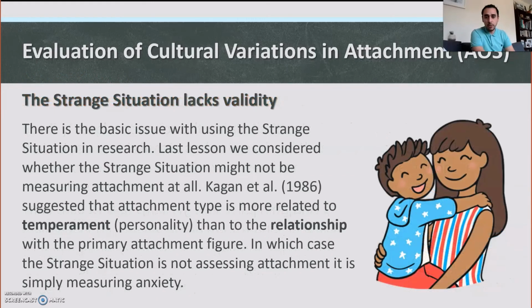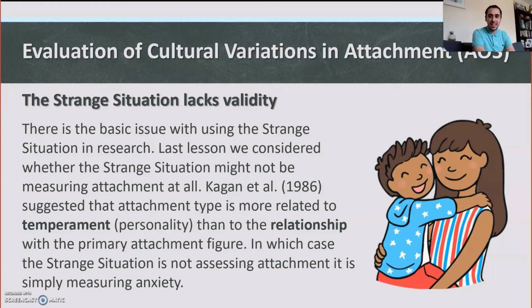The strange situation also lacks validity. There is a basic issue with using the strange situation in research. Last lesson we considered whether the strange situation might not be measuring attachment at all. Kagan et al. suggested that attachment type is more related to temperament or personality than to the relationship with the primary attachment figure, in which case the strange situation is not assessing attachment, it is simply measuring anxiety.